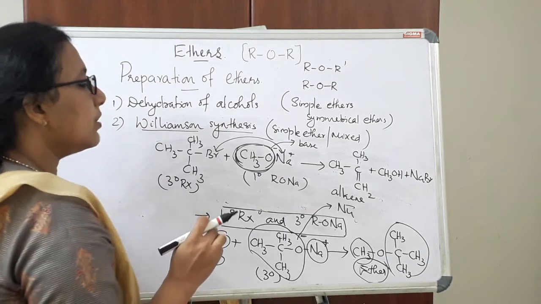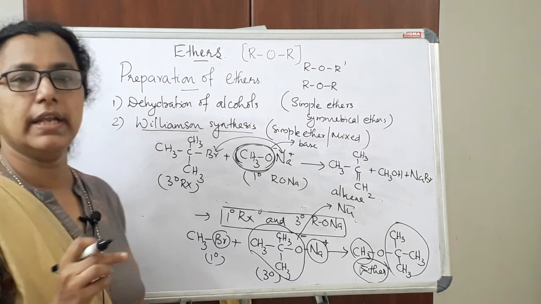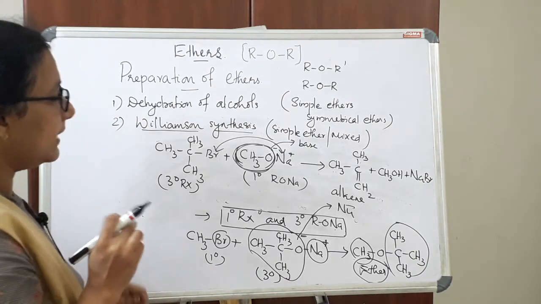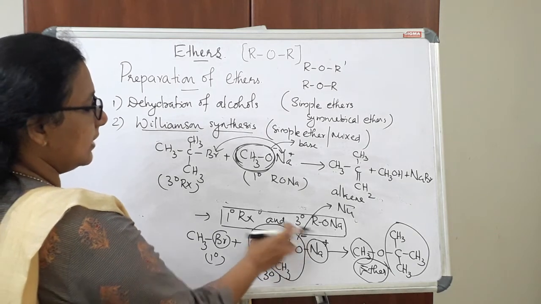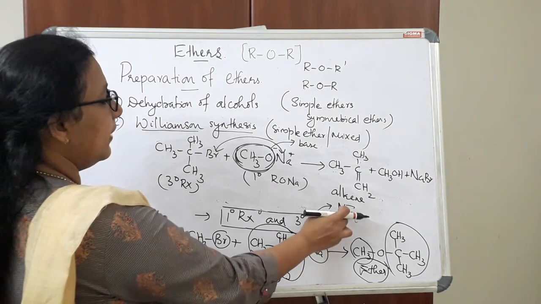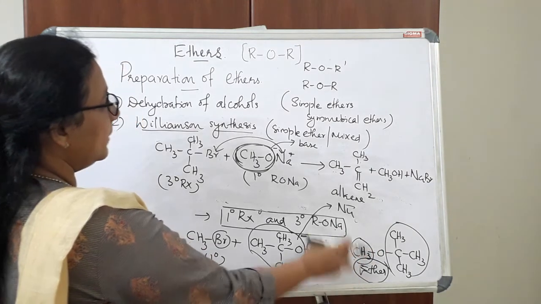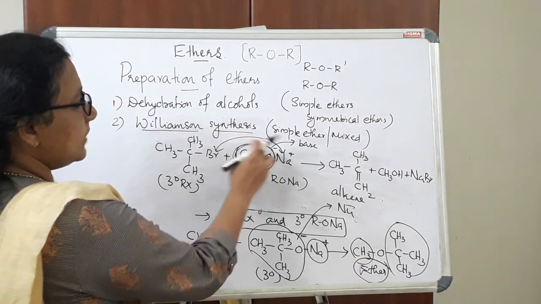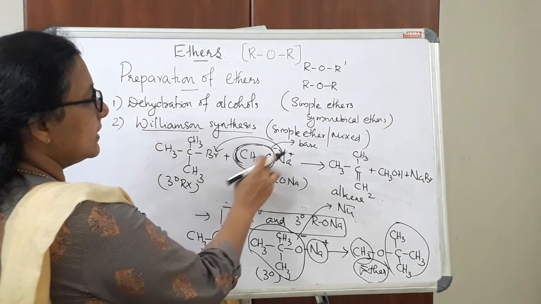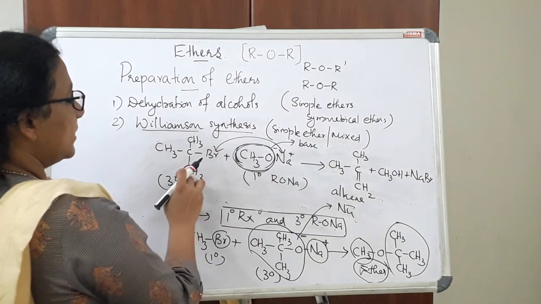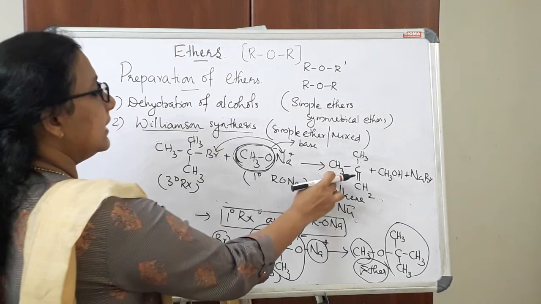So alkoxide can act as a nucleophile and also as a base. In this case, the alkoxide acts as a nucleophile, nucleophilic substitution takes place and ether is formed. In the case of the tertiary alkyl halide, the alkoxide acts as a base, abstracts a proton from here, and an alkene is formed.